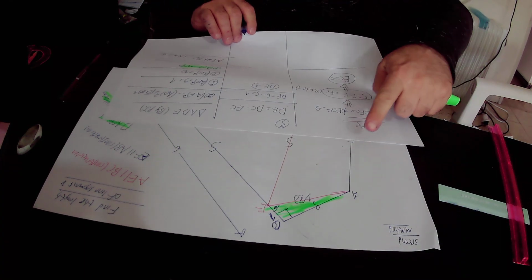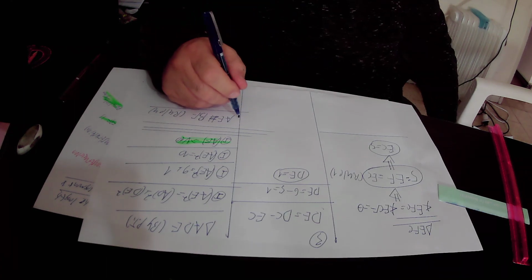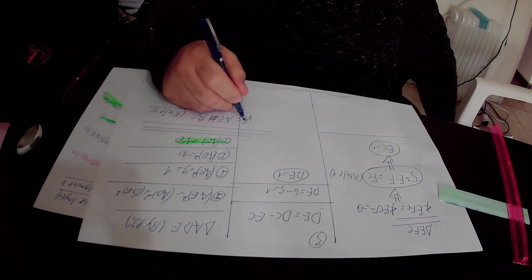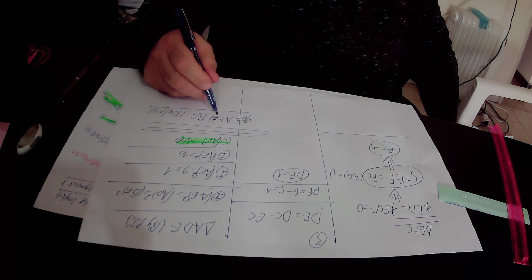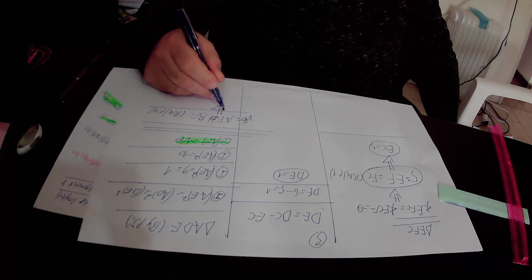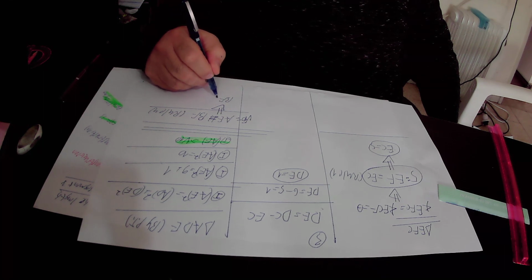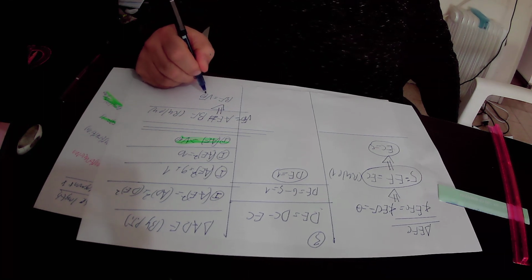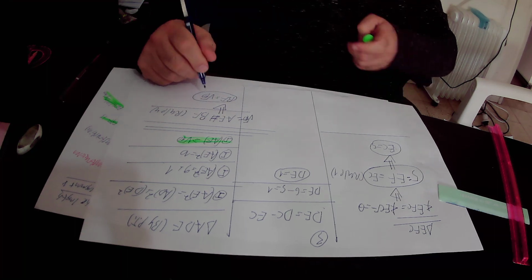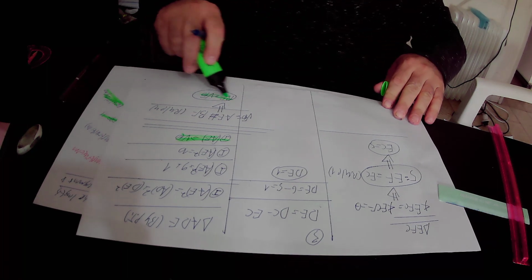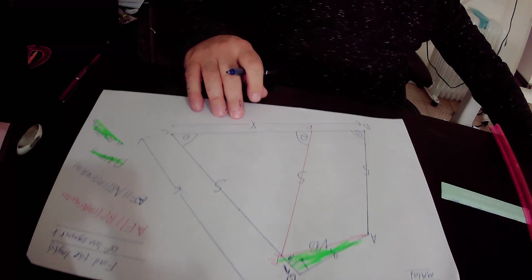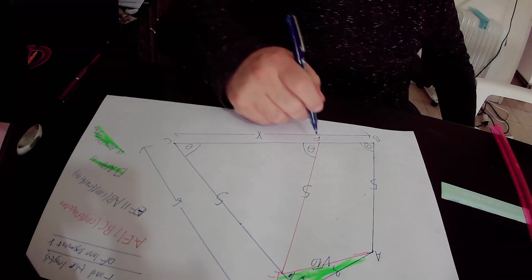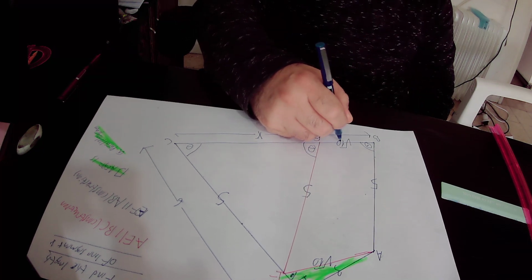But we just found out that AE equals the square root of 10 units, so from this equation, square root of 10 units equals AE equals BF, we will derive that BF is also equal to the square root of 10 units. So we can write here that BF equals the square root of 10 units.